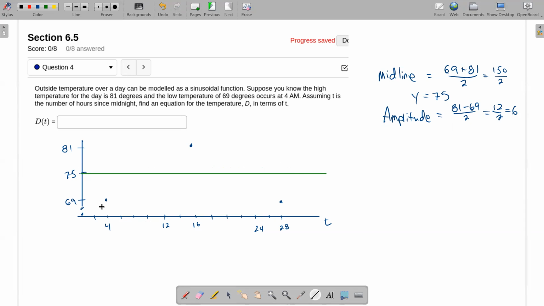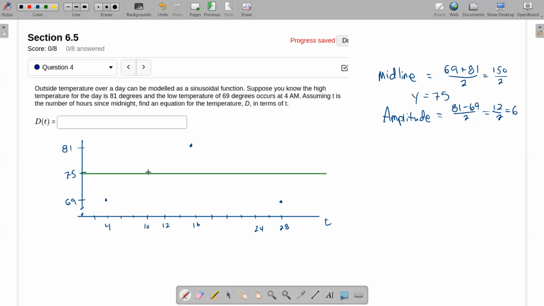All right. And then we're going to hit the midline right in between the min and the max. So 6 hours after, here at 10, we'll hit that midline. And how am I getting that? Again, we've got 24 hours for the whole cycle. Half of that to get from the max to the min, and half again to get to the midline from the max or the min.